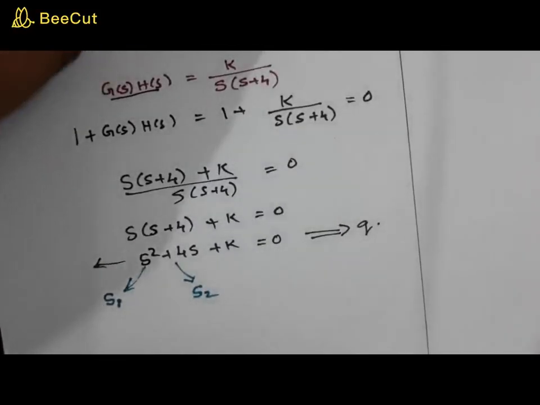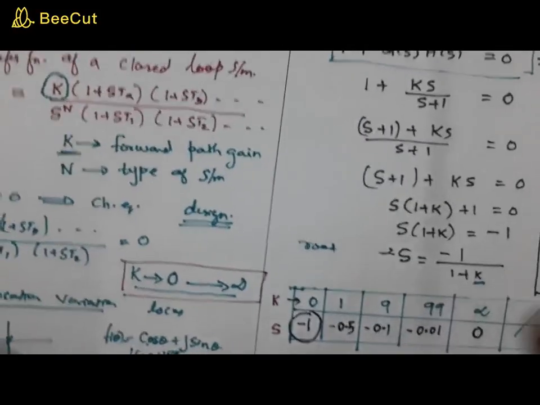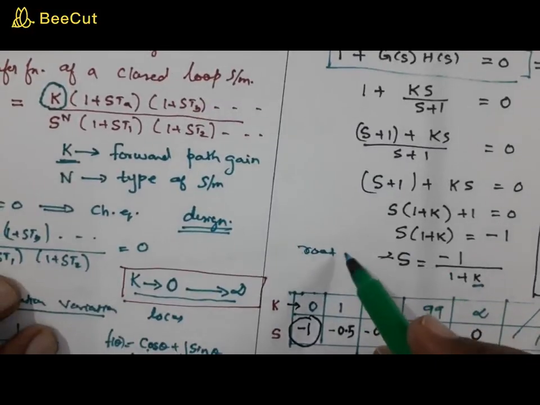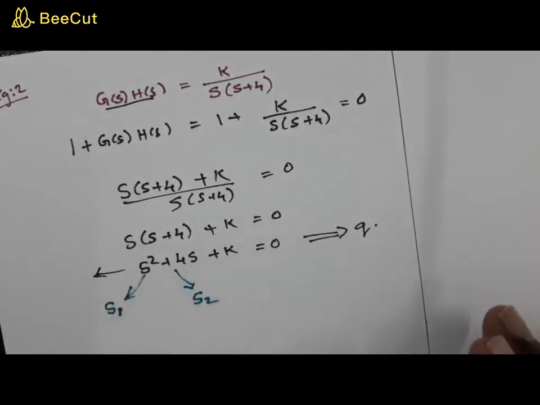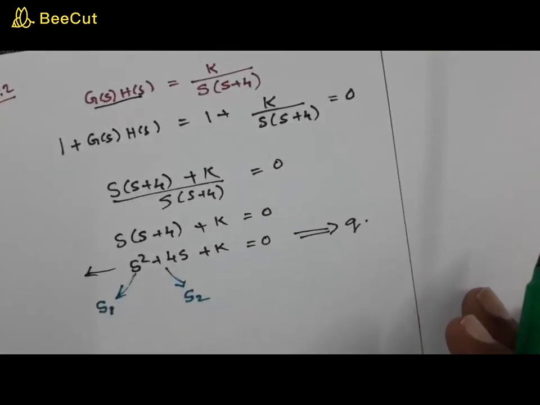In the first example also we plotted the root of the characteristic equation. That is the basis of the stability. For a stable system, the roots of the characteristic equation should not be on the right half.